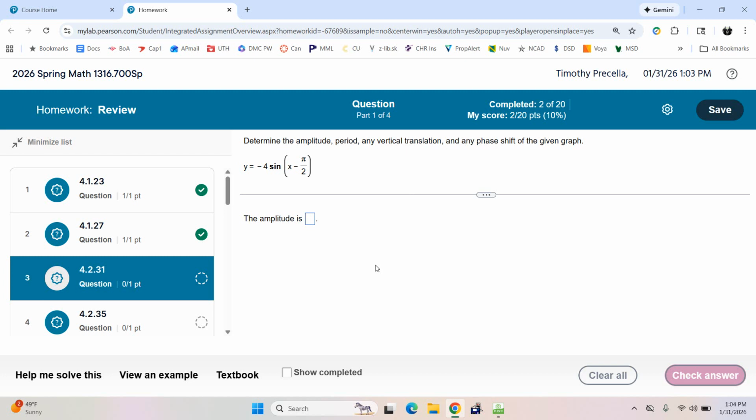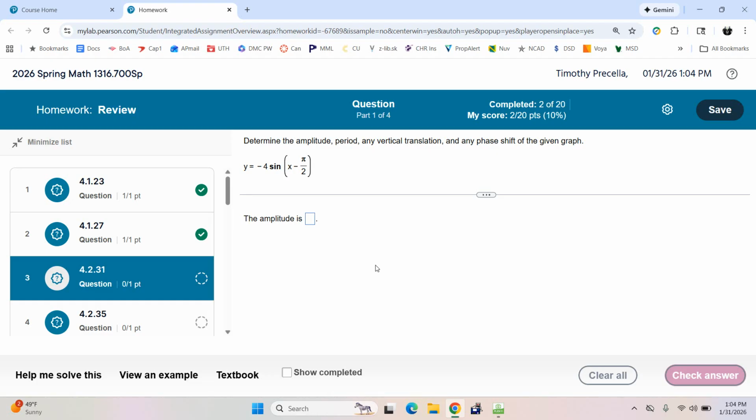Okay? So just doing a little review. Y equals -4 sine x minus pi over 2. Now what comes immediately after the trig function, that's what I call the angle.